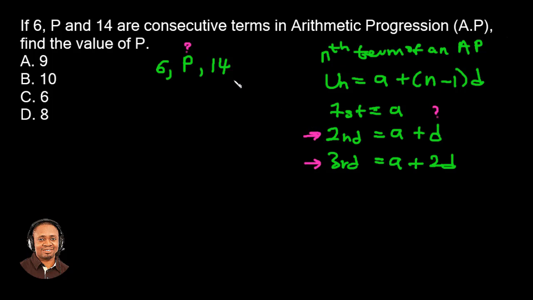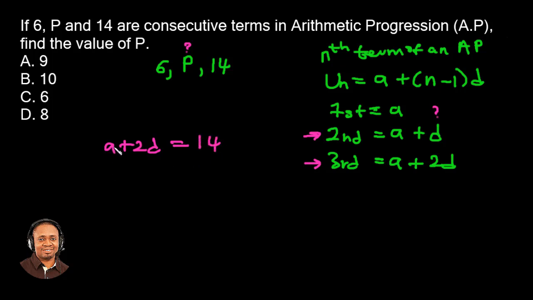Why not use the first term? The first term is just a, so we cannot use it to get d. So let's apply that. The third term tells us a plus 2d is equal to 14.